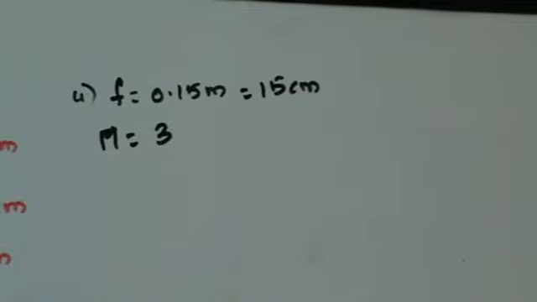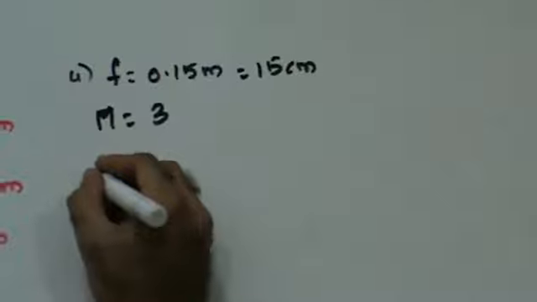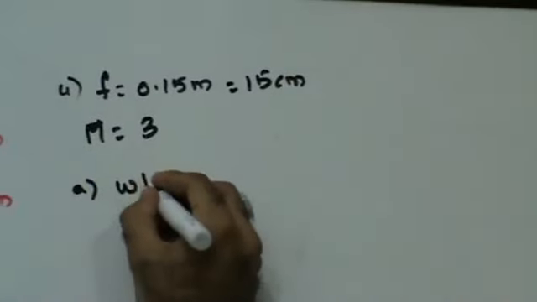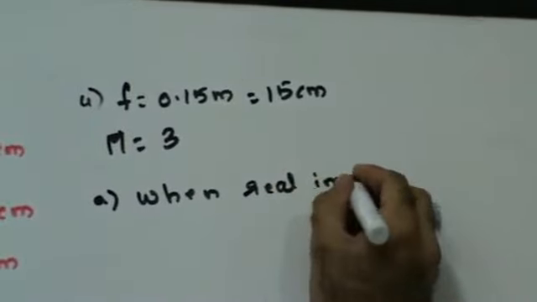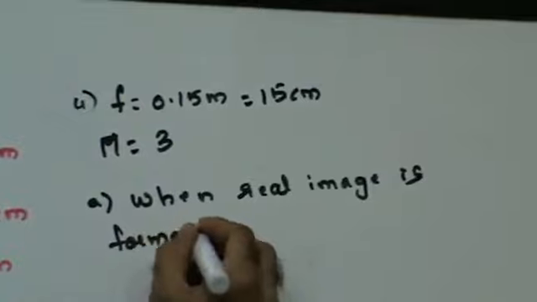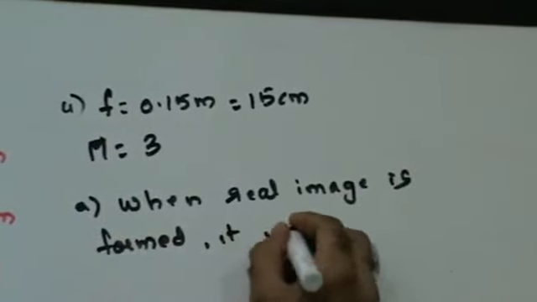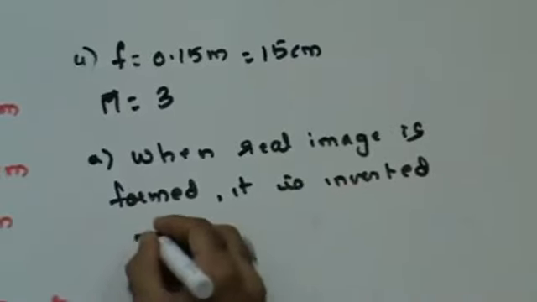Now here you could have 2 types of images. Condition A, when a real image is formed, it is inverted. So in that case magnification will be -3.